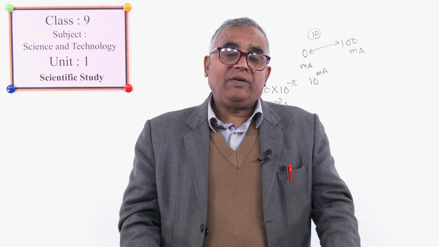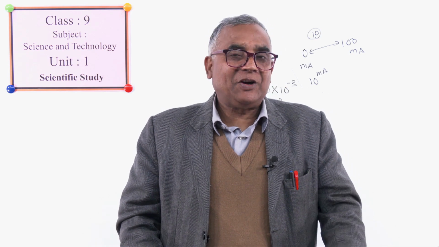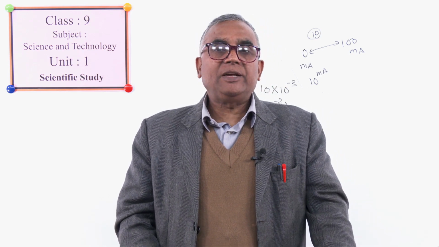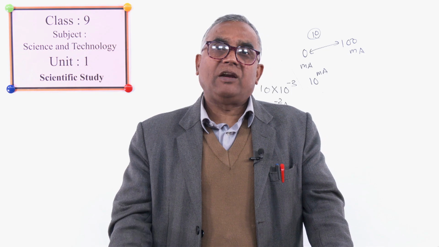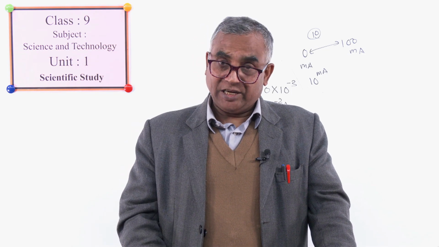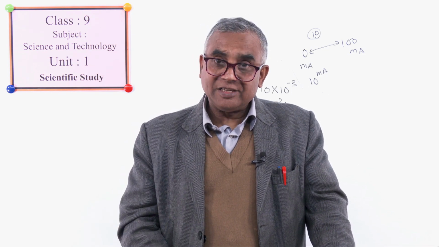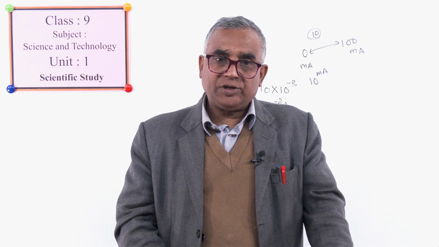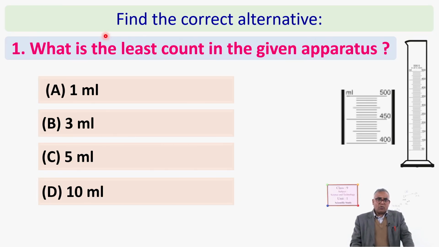So today we have studied mainly about the least count and the average measurement, which are very important in scientific measurement. And let's see how much you have learnt. So first question I am giving you. What is the least count in the given apparatus?